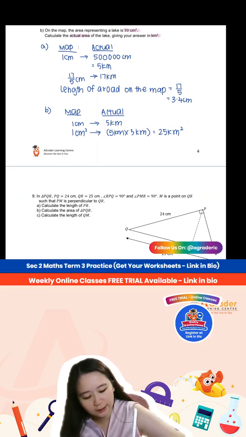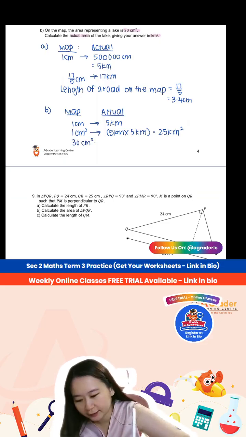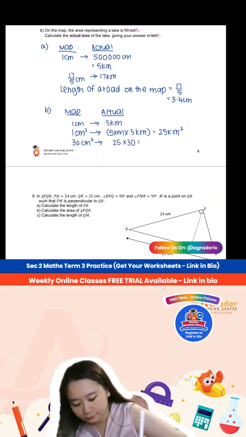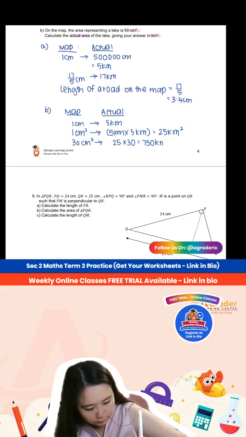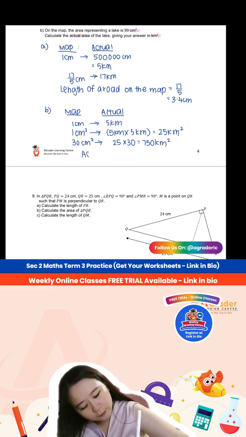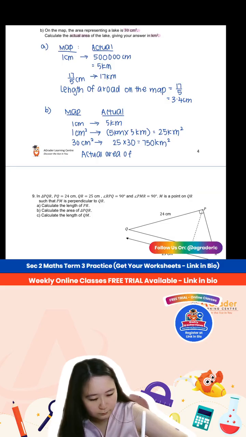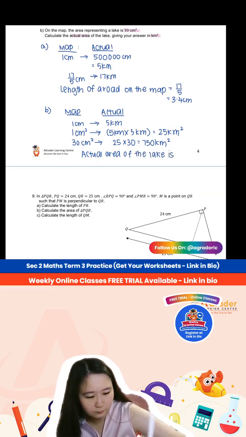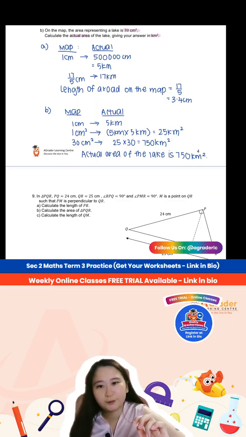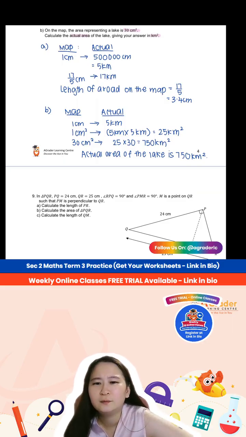Then if you're looking at 30, you just multiply by 30 throughout. So 25 times 30 is 750 kilometer square. So the actual area of the lake is 750. Yep.